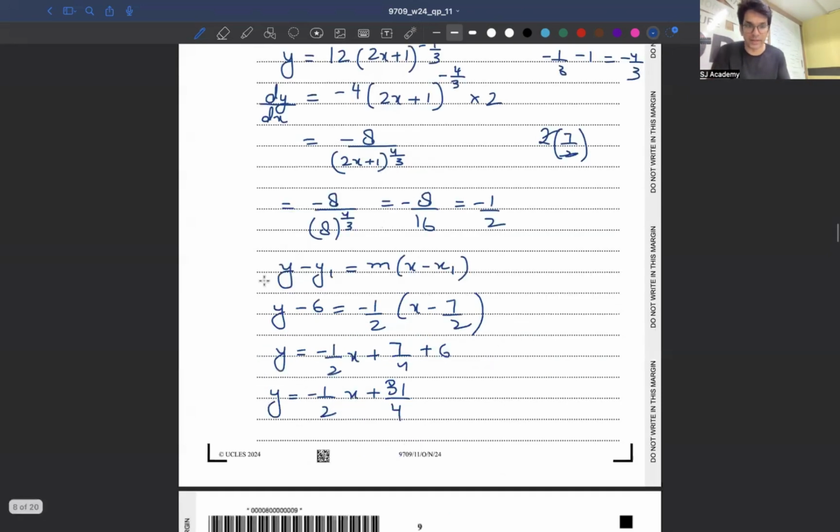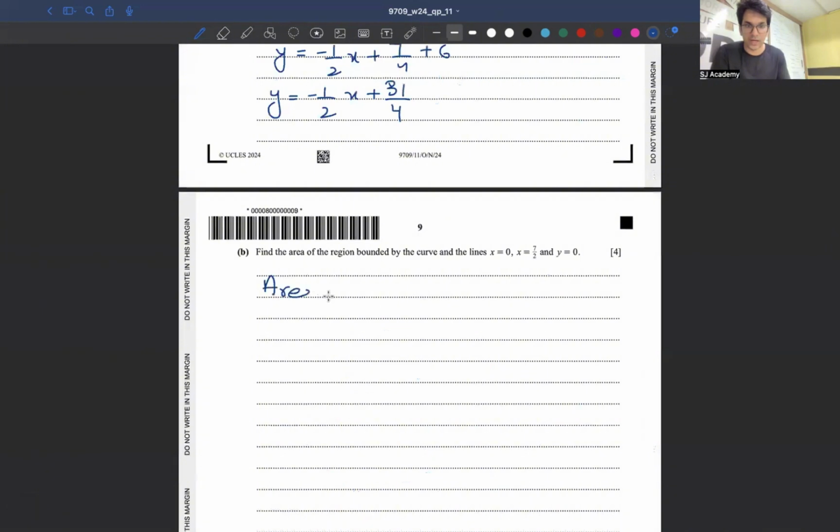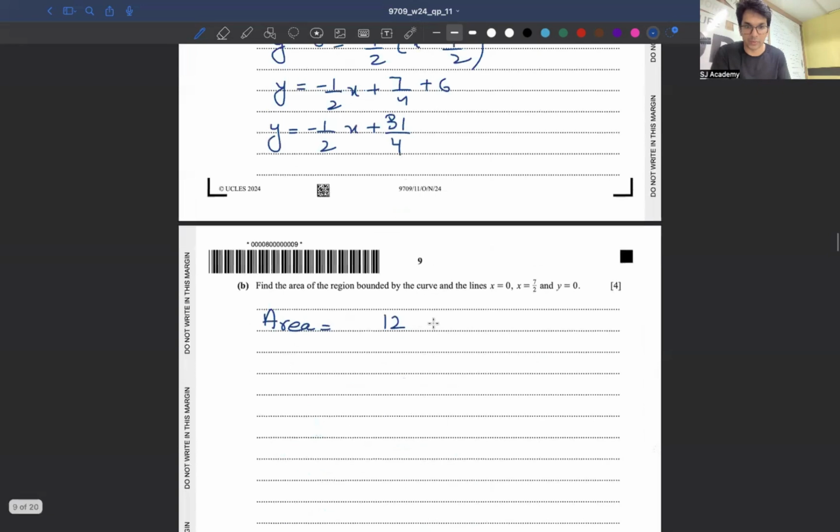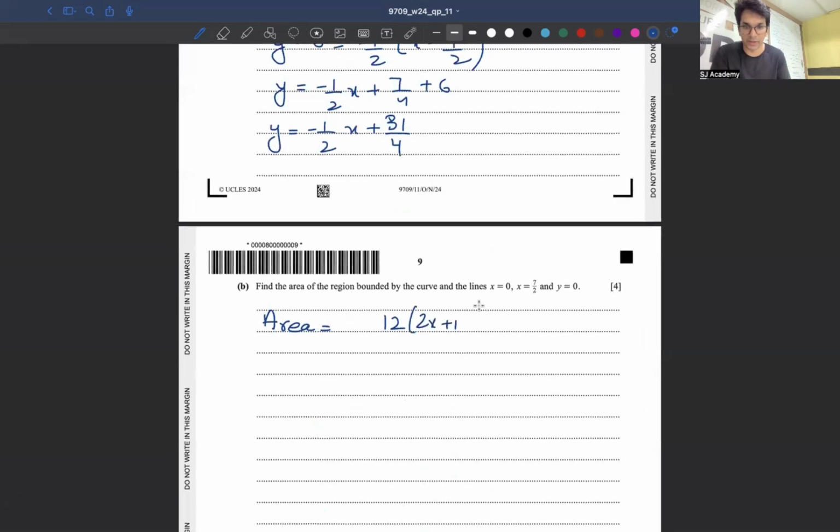So to find the area, we'll have to integrate the expression. So this is 12 into (2x plus 1) to the power of minus 1 by 3. We'll integrate it and put in the limits 7 by 2 and 0. When we integrate, we first increase the power by 1. So minus 1 upon 3 plus 1 becomes 2 by 3.